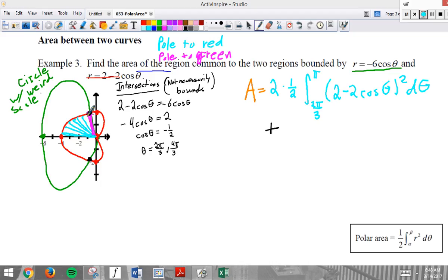So now we're going to calculate the pink area. Now the pink area is bounded from 2 pi over 3. It's certainly going to be part of it. And let's find out what the pole is for this guy. So this guy would be at its pole, because we're dealing with cosine, at pi over 2. So this would be a rotation from pi over 2 until 2 pi over 3.